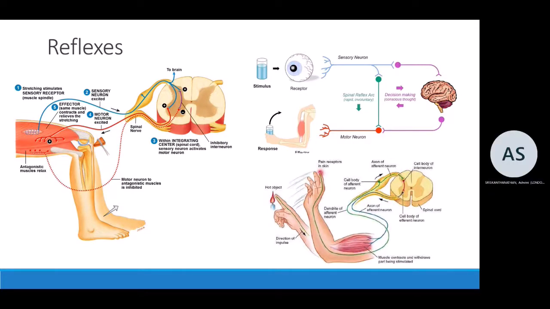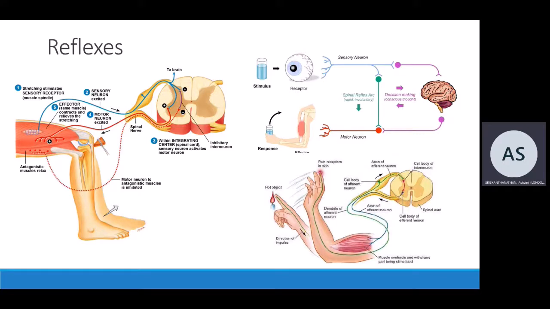So I just want to also go through the reflex pathway. Remember, some of the pathways have two branches. You have your input coming from your sensory receptors, going through that sensory neuron into your dorsal horn.